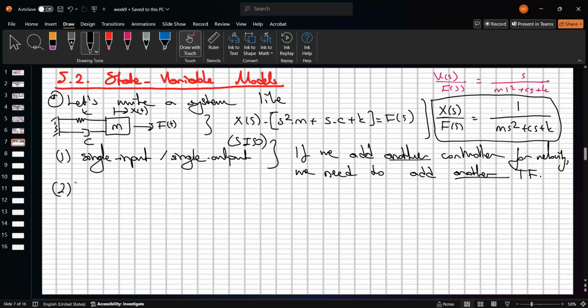In the second place, this is a linear system, which means that we can apply the transfer function. If we have a nonlinear system, we cannot apply the S domain. Why can't we apply the S domain to a nonlinear system?